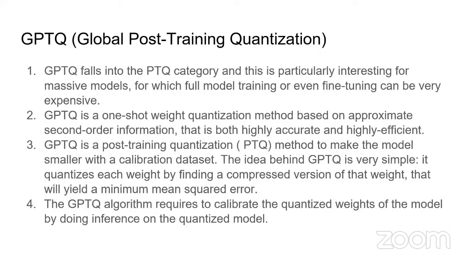How does GPTQ work now? It works on one-shot weight quantization, on minimizing the error, and on calibration. So let's see how it works. In one-shot weight quantization, GPTQ uses approximate second order information to quantize the weights in a single pass, which makes the process fast and accurate.